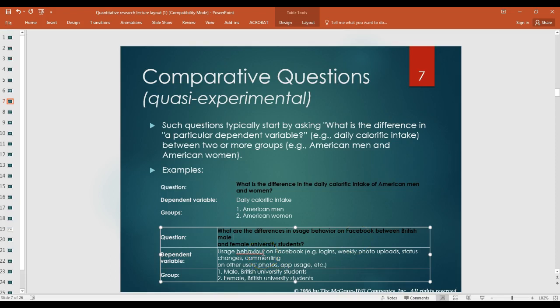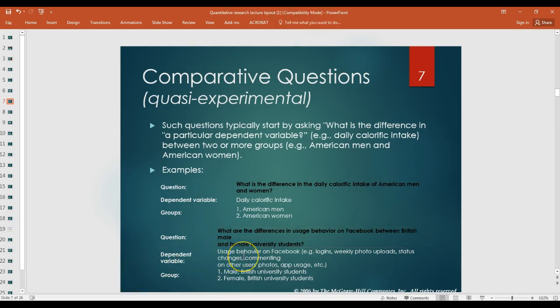I just took these examples from online and they're written in British spelling. Question here: a difference in usage behavior on Facebook between British male and female university students. The dependent variable is the usage behavior on Facebook, and the groups are males and females.